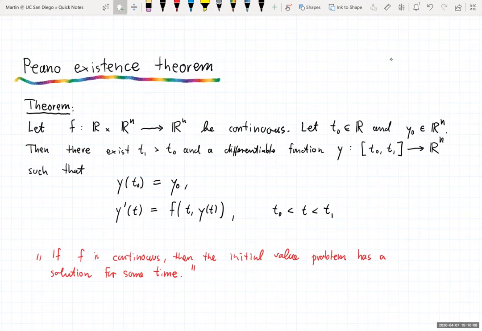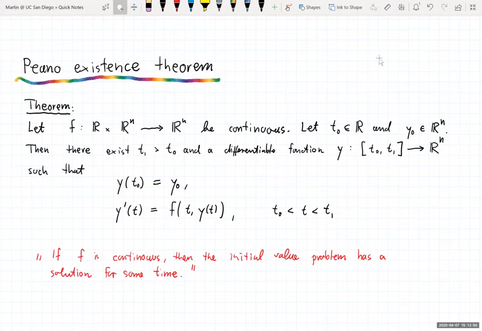Then there exists a number t1 that is greater than t0, and also a differentiable function y defined on the interval from t0 to t1 and mapping into R^n, such that this function satisfies y at t0 is equal to y0, and y prime of t is equal to f of t and y of t for all numbers t between t0 and t1.